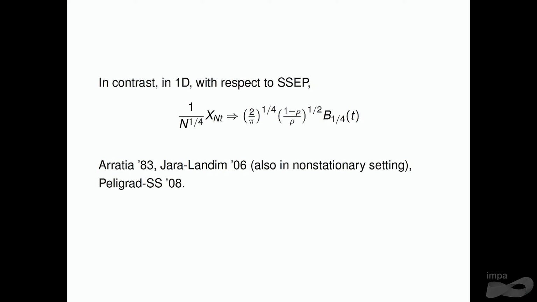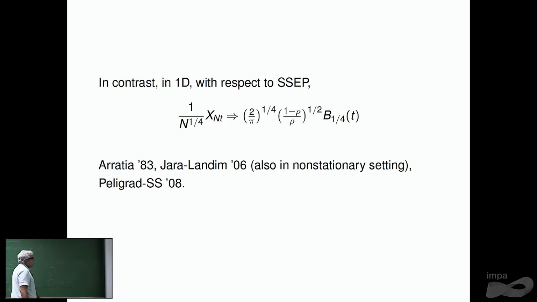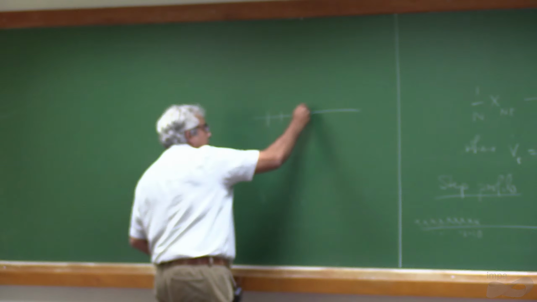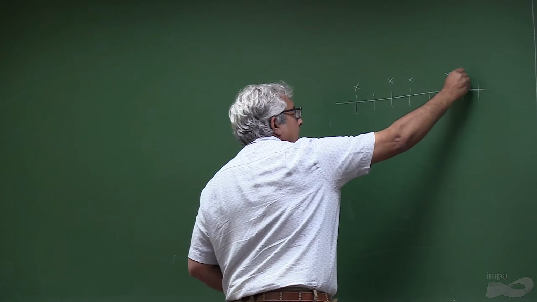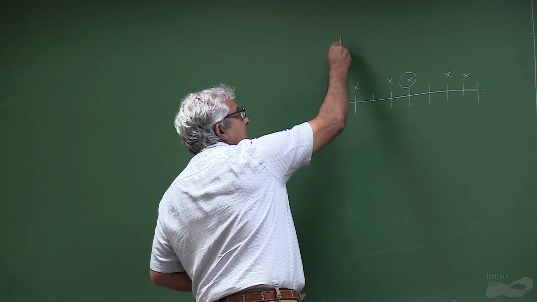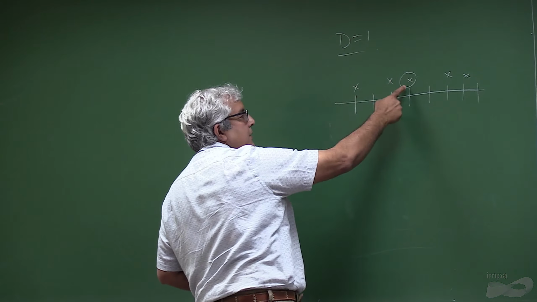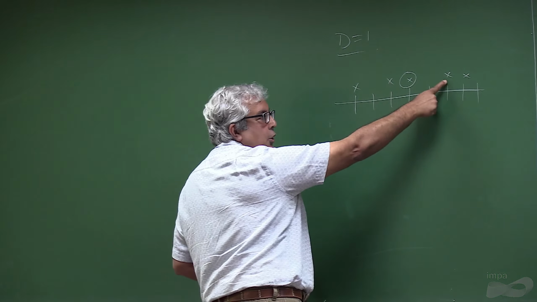On the other hand, if you're in the symmetric process, this was perhaps a first surprise. You have some particles, and in one dimension a tagged particle cannot go below this one, and it cannot go above that one.